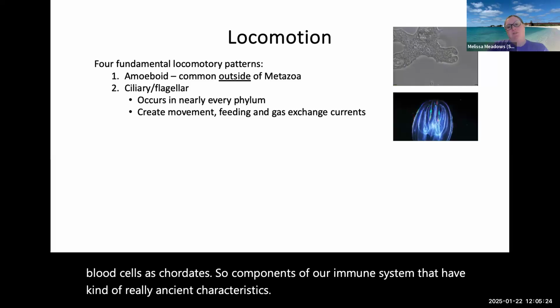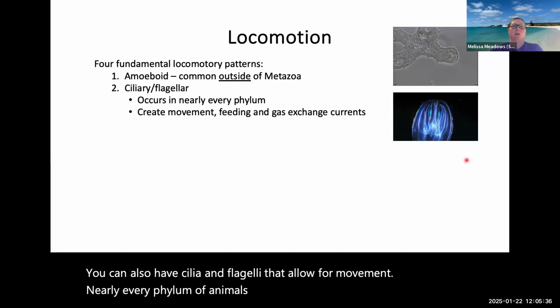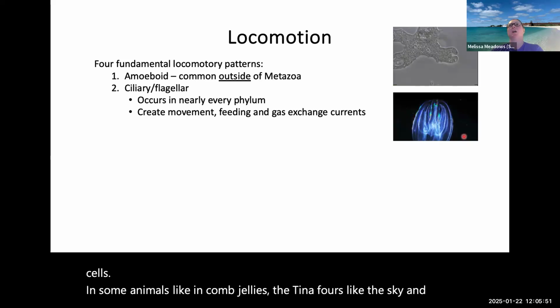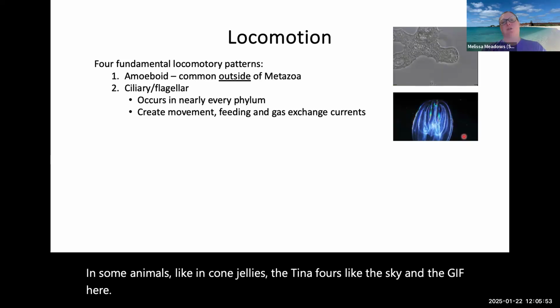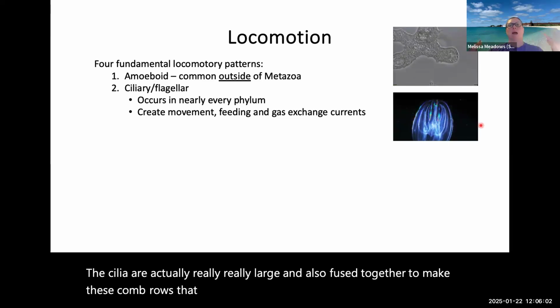You can also have cilia and flagellae that allow for movement. Nearly every phylum of animals has cilia or flagellae in some kinds of their cells. In some animals, like in comb jellies, the ctenophores, like this guy in the GIF here, the cilia are actually really, really large and also fused together to make these comb rows that allow for the macro movement of the whole animal.